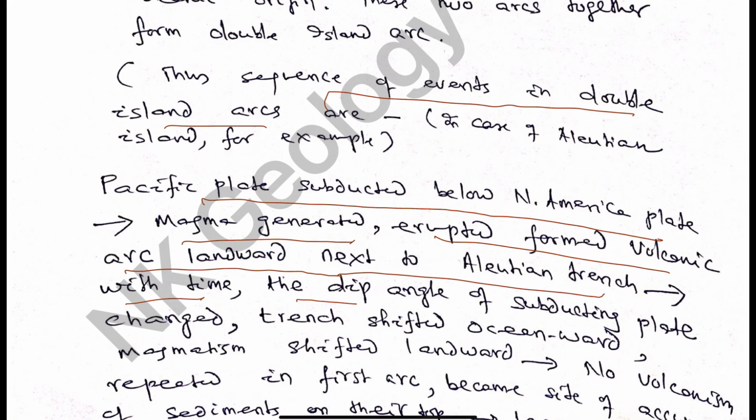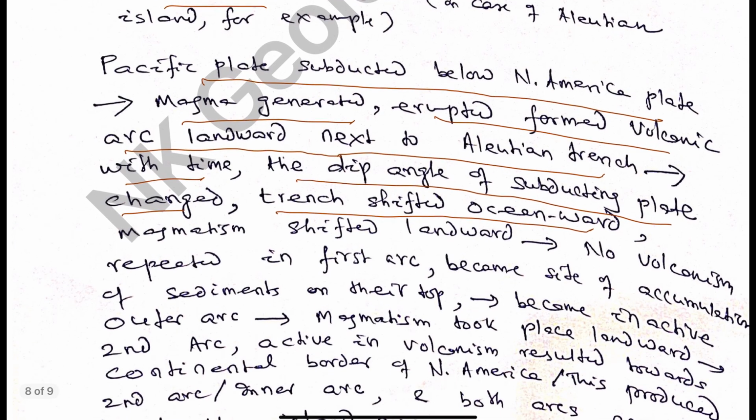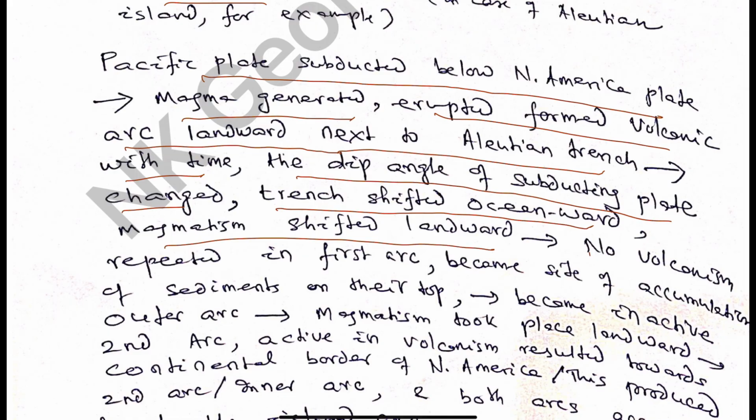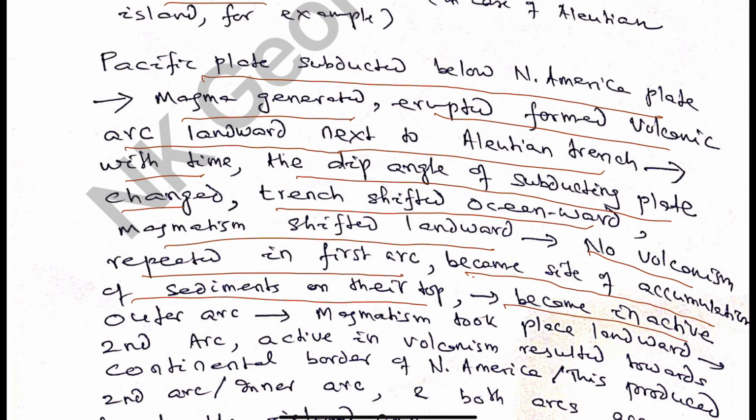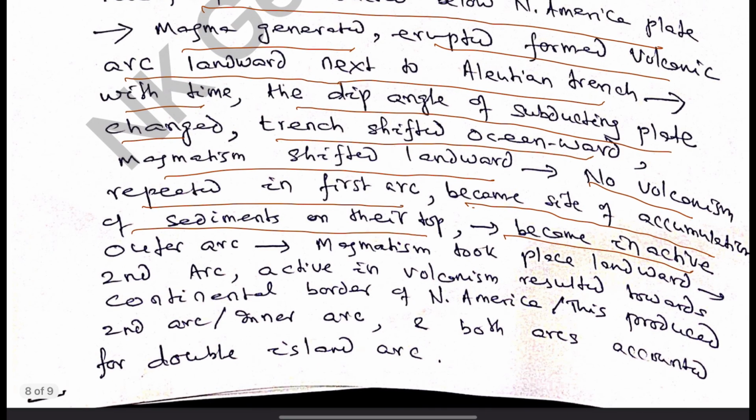Then with time, the dip angle of the subducting plate changed, the trench shifted oceanward, and magmatism shifted landward. No volcanism is repeated in the first arc. So the first arc became the site of accumulation of sediments on top and it became inactive. It becomes the outer arc.